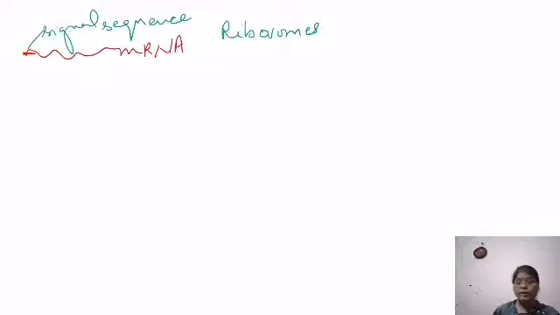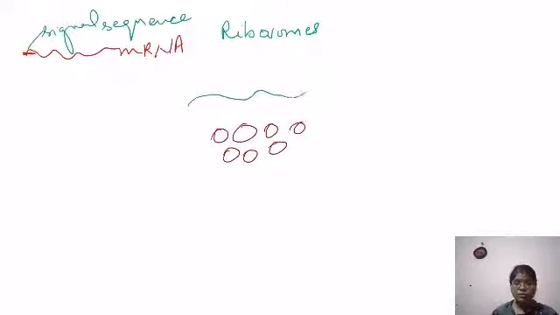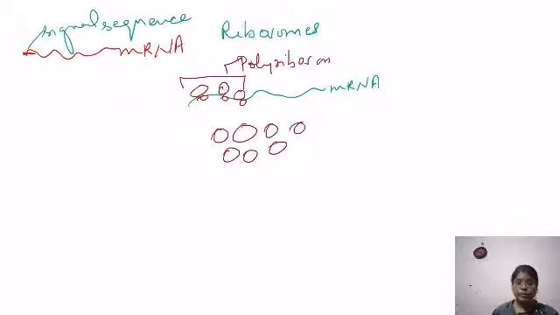Suppose I draw for you a pool of ribosomes in the cytoplasm. This messenger RNA comes, your ribosomes attach to it and start forming protein. You call this structure a polyribosome, and it starts synthesizing in your cytoplasm.